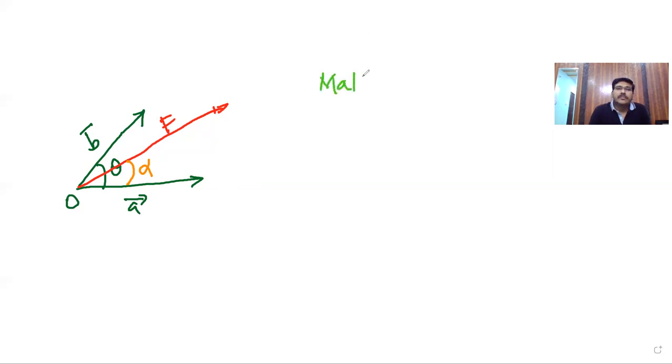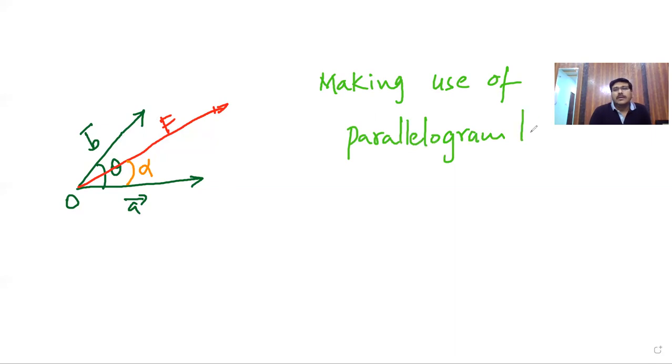Okay, I am constructing a simple parallelogram. Now observe, this is b bar. Now I am dropping a vector parallel here.